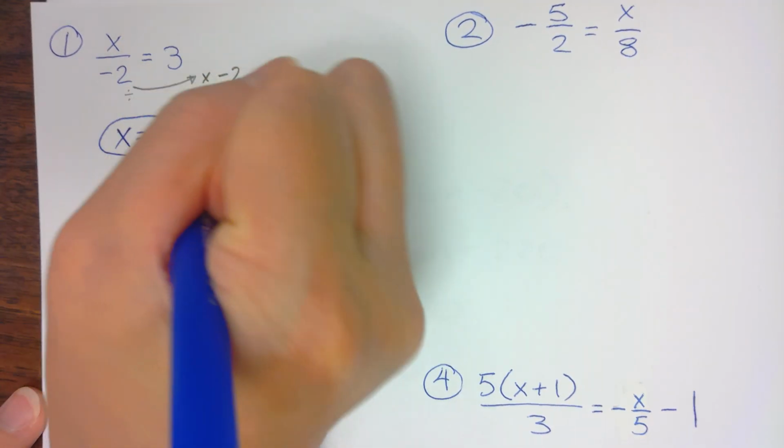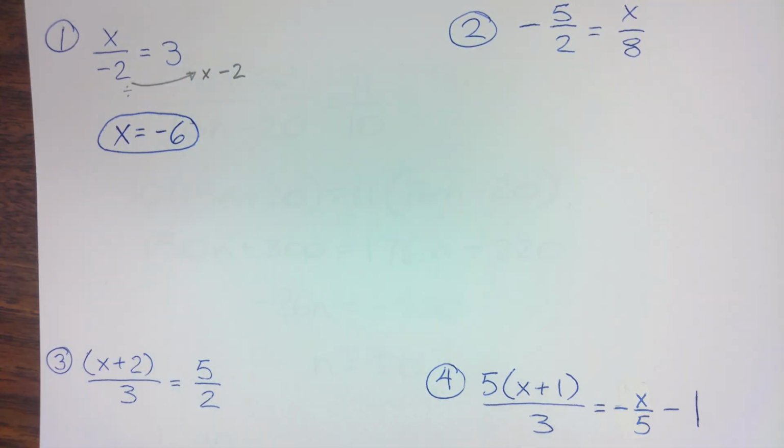So this is using Tuesday's method, in first operation. If I were to use yesterday's method, which is to get rid of my denominator, what do I do to get rid of denominators?